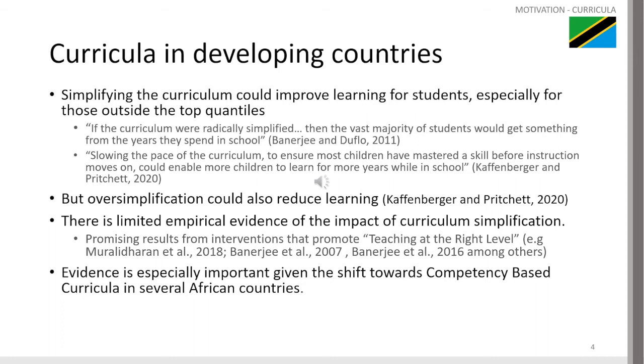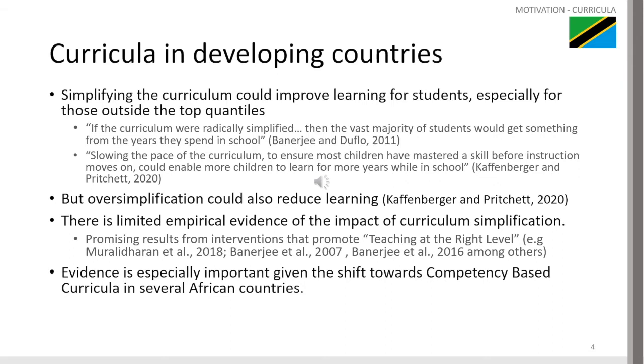Simplifying the curriculum could improve learning, especially for students who are outside the top quantiles. There's a nice quote in Poor Economics by Banerjee and Duflo. They say, if the curriculum was radically simplified, then the vast majority of students would get something from the years they spend in school.